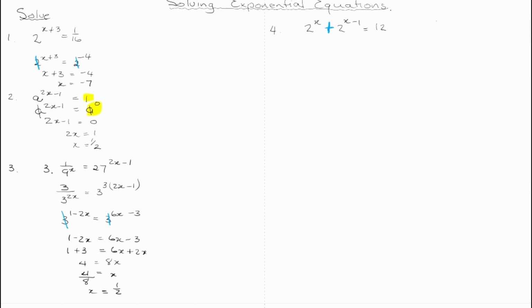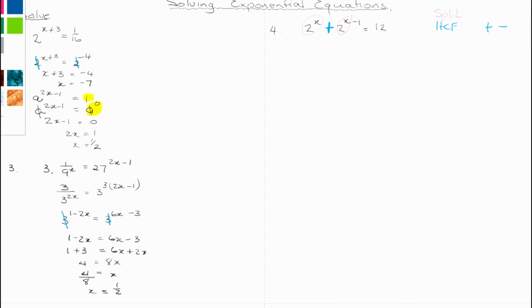And here I see a 2 to the x, 2 to the x, so I'm going to take out a highest common factor because I am adding and subtracting. I can see a 2 to the x here, and there. So I'm going to split and then take out a common factor.